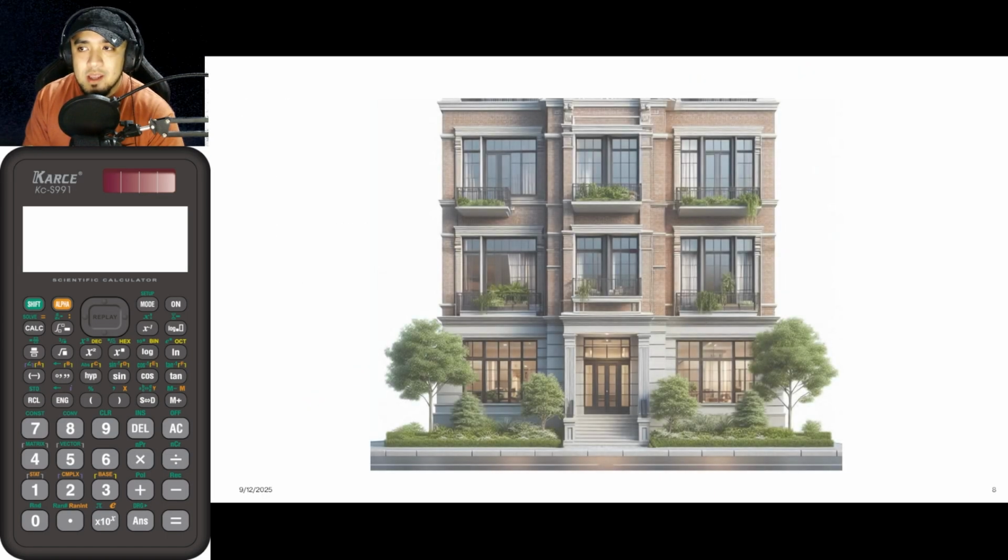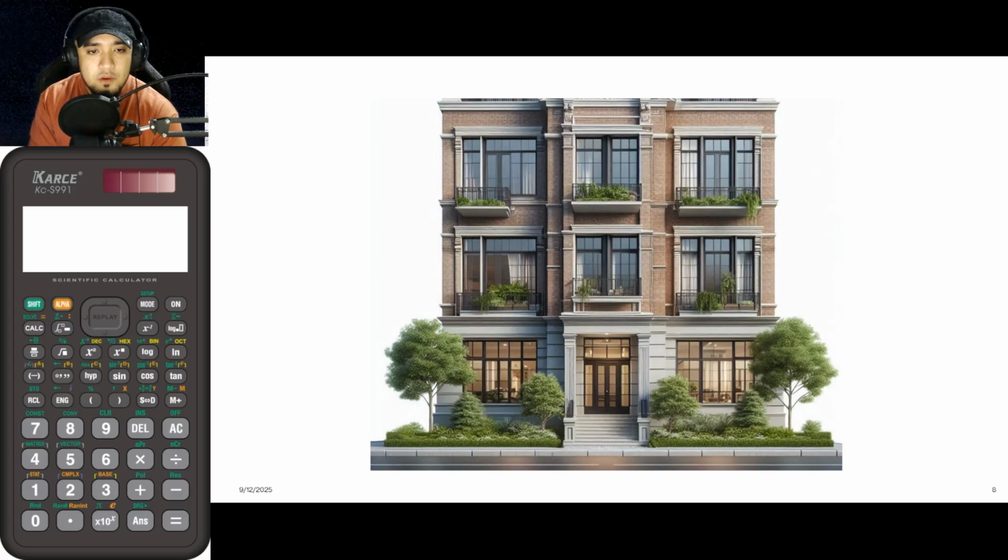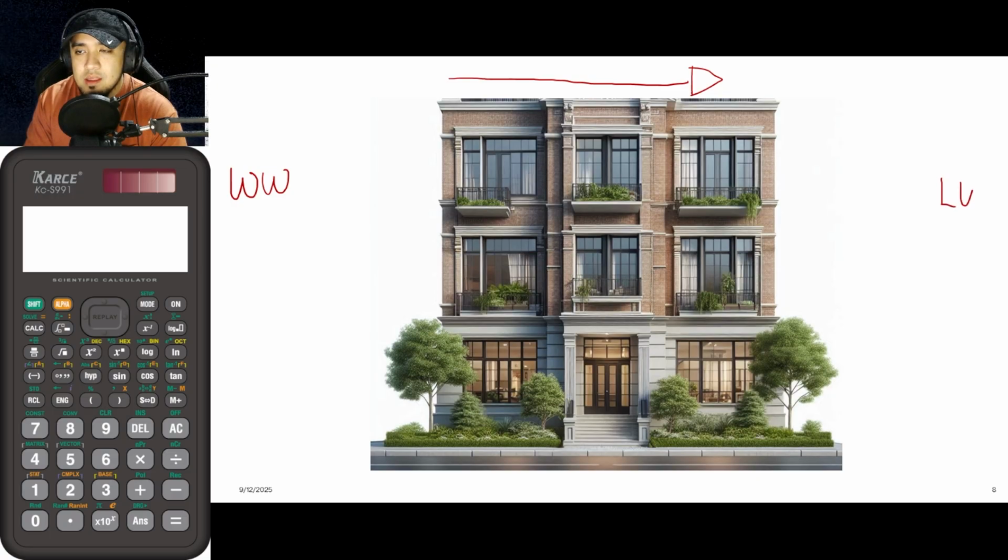Okay, so proceeding to our building here once again, suppose that this is the front view. And again, let us assume that for this particular building, wind now travels towards this direction. If wind travels towards this direction, we call the surface on the left the windward wall, WW. And for the other side, we call this the leeward wall.